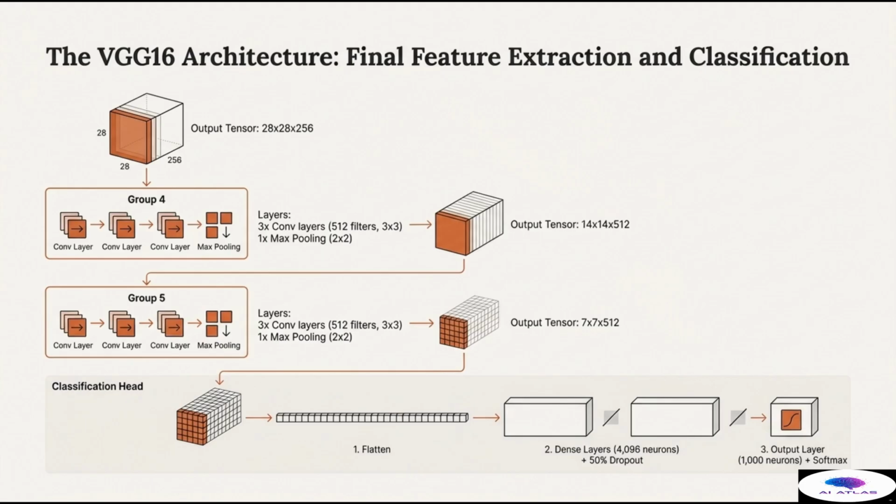This tensor is then passed to the classification head. The first step here is flattening, converting the 3D feature map into a massive 1D vector. This vector is then fed into 2 large dense layers, each featuring 4,096 neurons. These layers act as the final decision makers, interpreting the highly compressed features to determine the category.